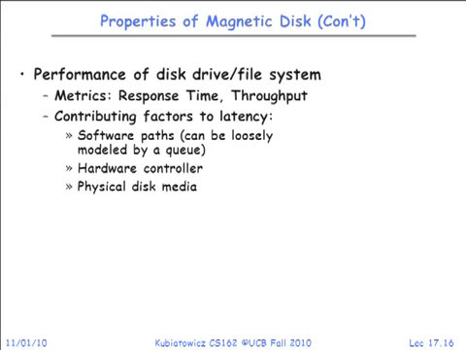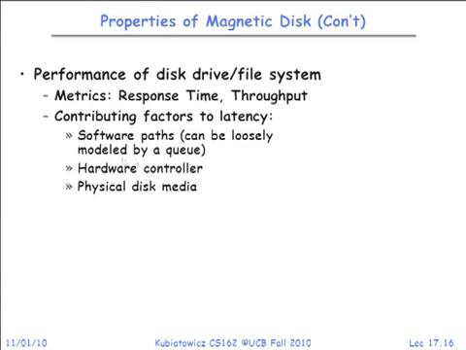Other things that can contribute to latency include the software path. From the point at which a process makes a request through the operating system, what is that path? How complicated is it? Is it stuck in a queue? And then, of course, the hardware controller has to actually cause the disk to do something, and then the disk itself has to be read. So there are a lot of latency factors here. I want to talk a little bit about the software one, and we're going to continue this next time.